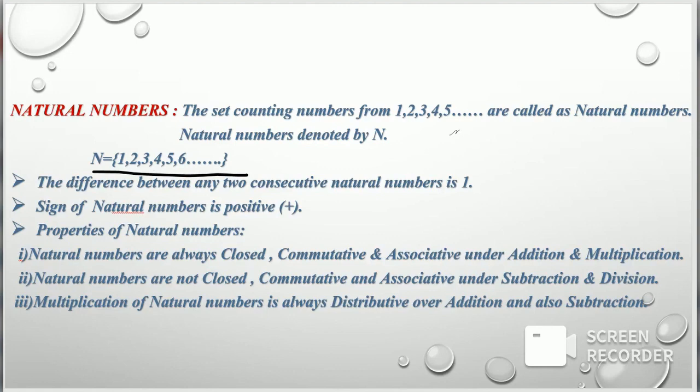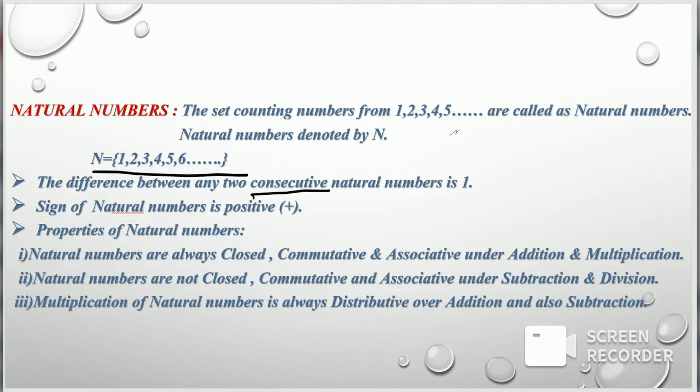Some of the important points about natural numbers: the difference between any two consecutive natural numbers. Consecutive is nothing but the next number, the continuation of numbers. The difference between any side by side numbers is equal to 1.